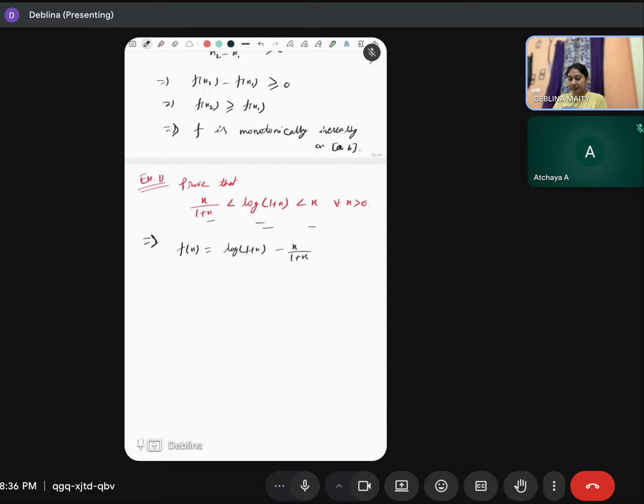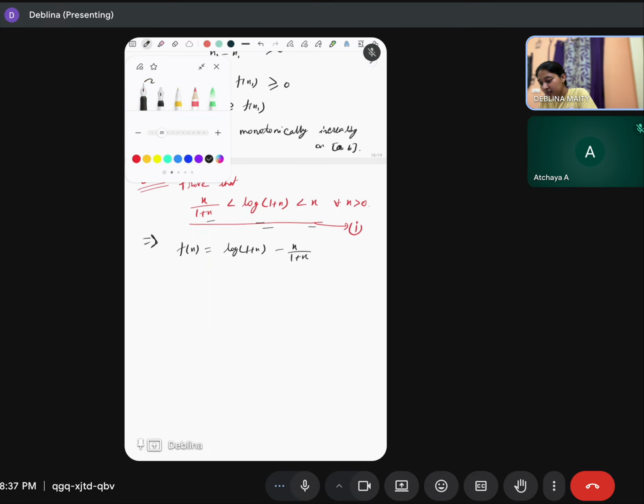What we have to prove is that this f(x) is greater than 0, for the left hand side of this inequality. I am naming it equation 1.